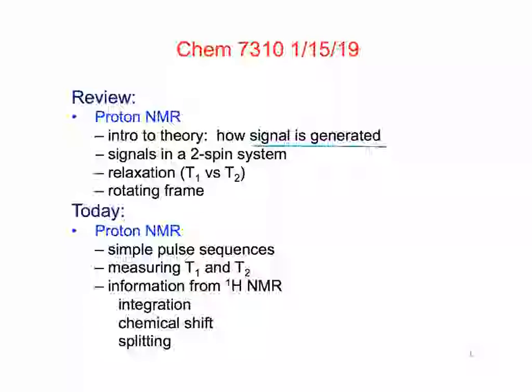But all we really observe in our NMR spectrum is the number of spins that are in excess, that are aligned, in excess of the ones that are opposed, because we have slightly more at the lower energy state.